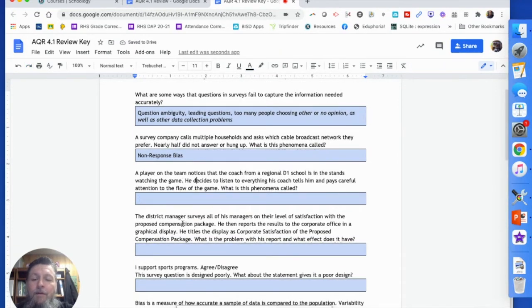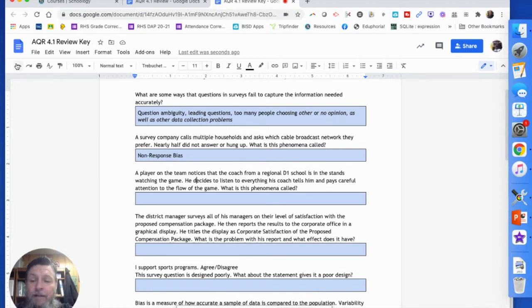A player on the team notices that a coach from a regional D1 school is in the stands watching the game. He decides to listen to everything his coach tells him and pays careful attention to the flow of the game. What I forgot to put in here is that this player typically doesn't listen to the coach, but he changes his attitude. What do we call it when someone is being watched and they change their behavior?